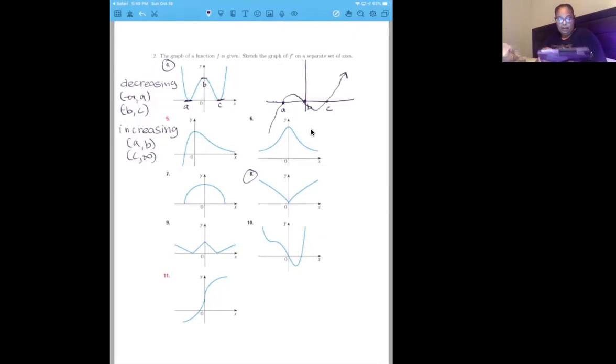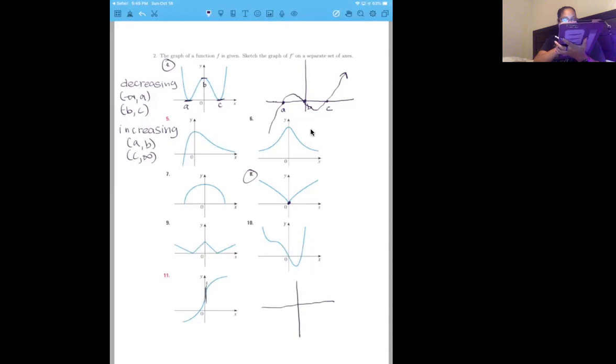All right. Now on number 8, I will say that it is not differentiable at this point here because it has a cusp. Anywhere there's a sharp point or a cusp, it's not differentiable. Another place that it's not differentiable is when you have a vertical tangent line.